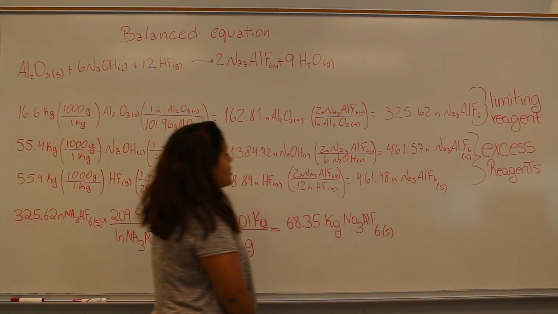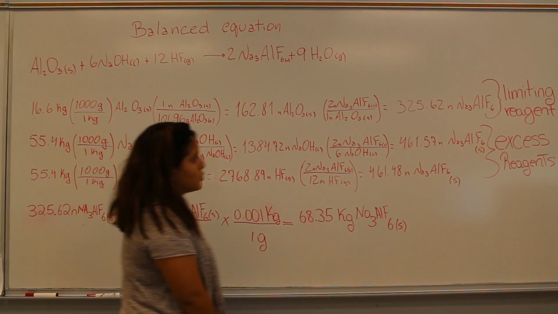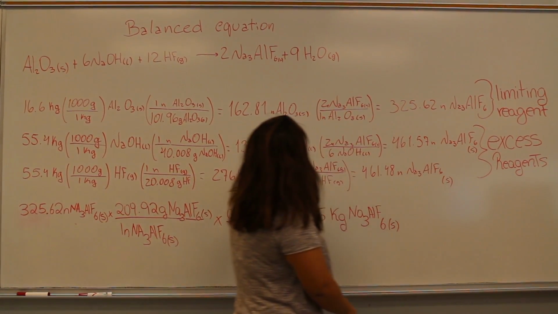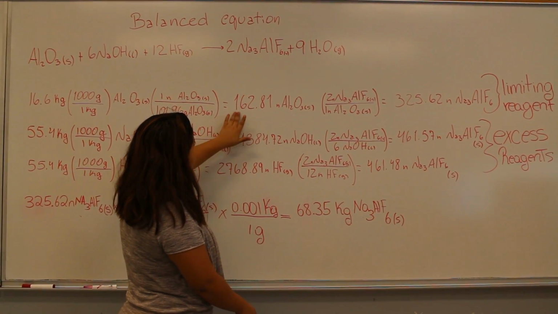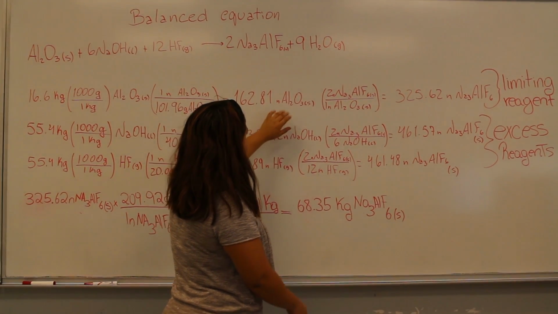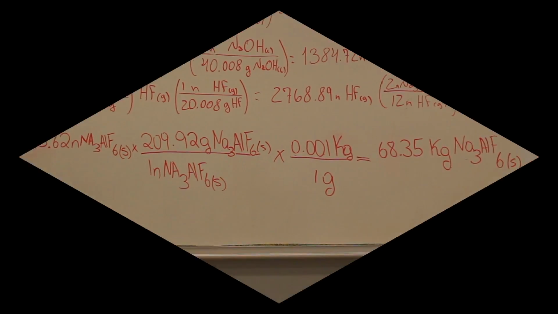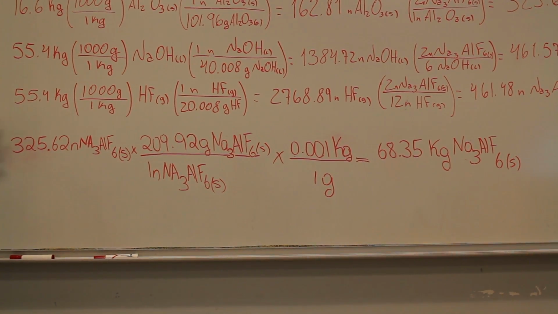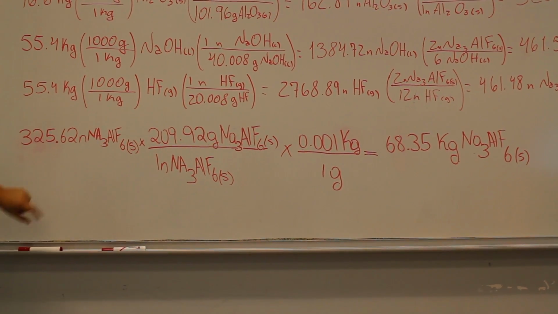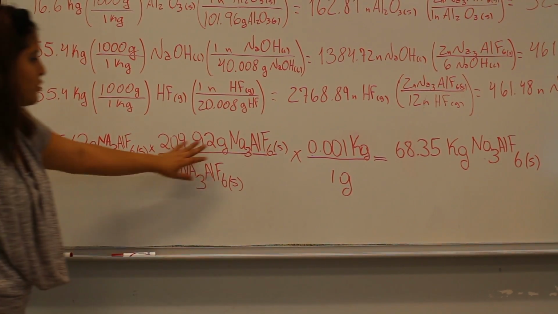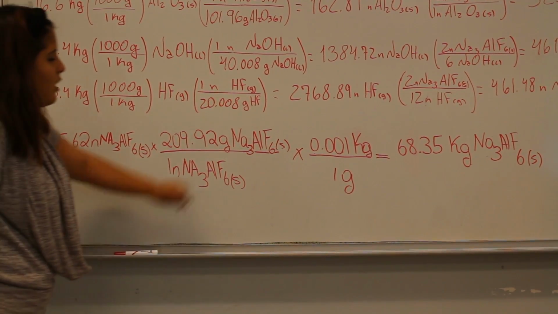We complete the multiplication and determine that we produce 325.62 moles of cryolite if all of our 162.81 moles of aluminum oxide react. Once we have concluded that we can produce a maximum of 325.62 moles of cryolite, we will convert from moles to grams by using the molecular weight of cryolite.